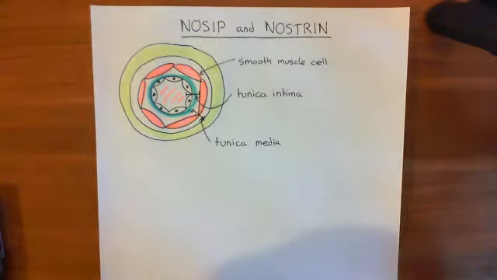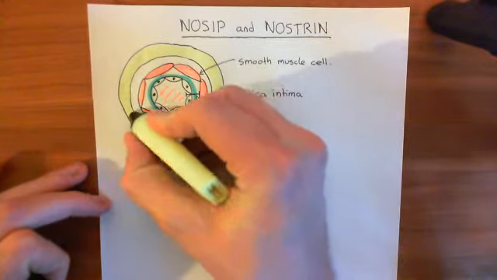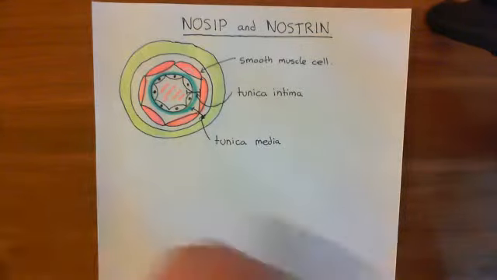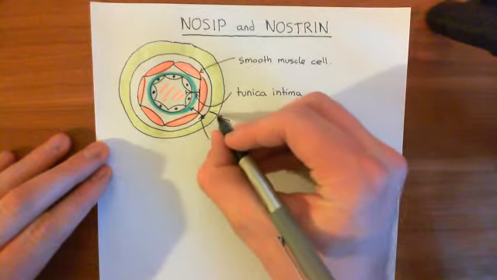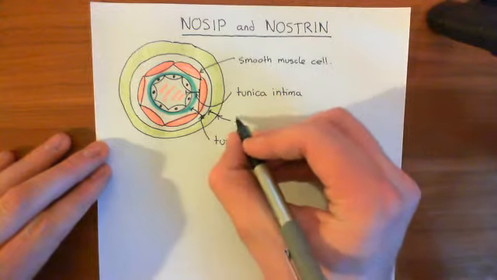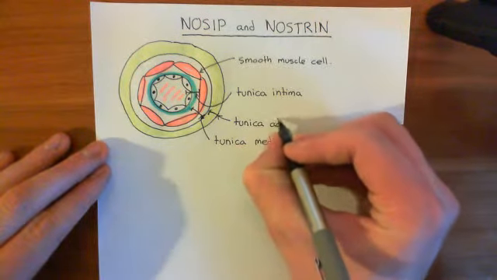Okay, so this final outer layer of connective tissue is what's known as tunica adventitia.